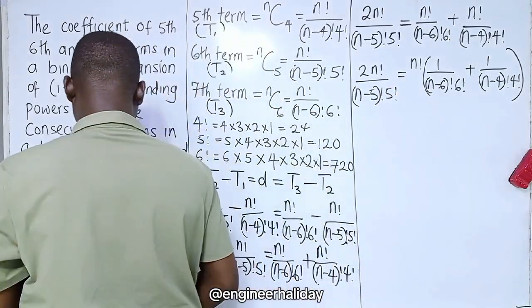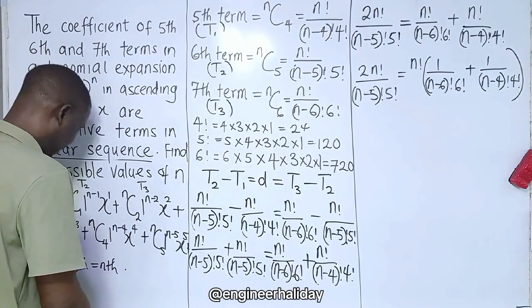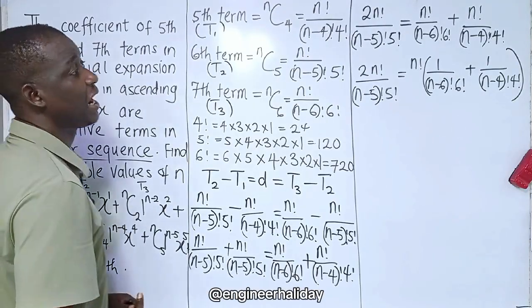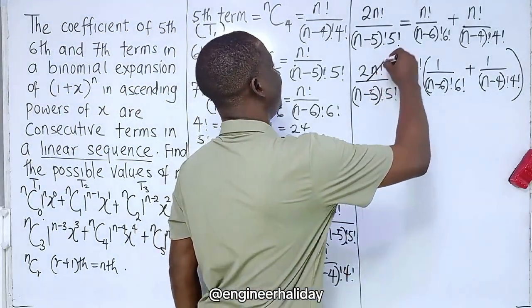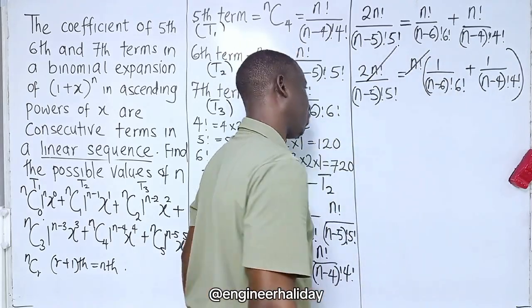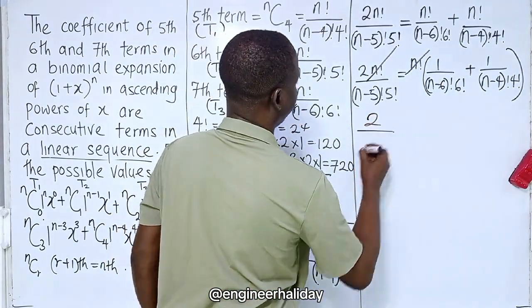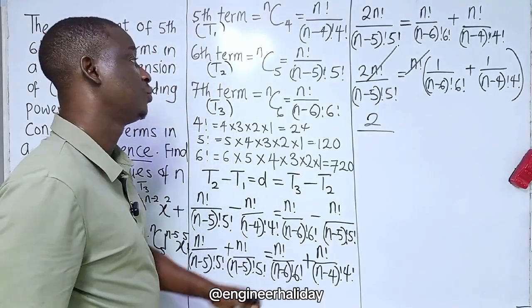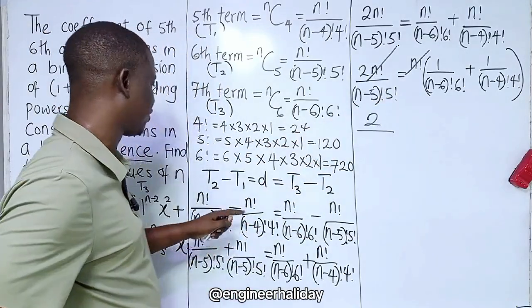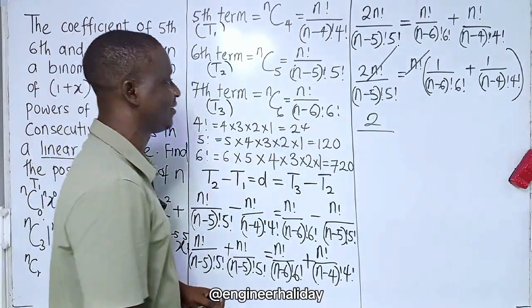Now, having gotten to this point, what you should understand is that we are going to eliminate this n factorial. This will go out. And what we have left is what? 2 divided by (n minus 5) factorial. Now, don't forget that 5 factorial is already here, which is 120.